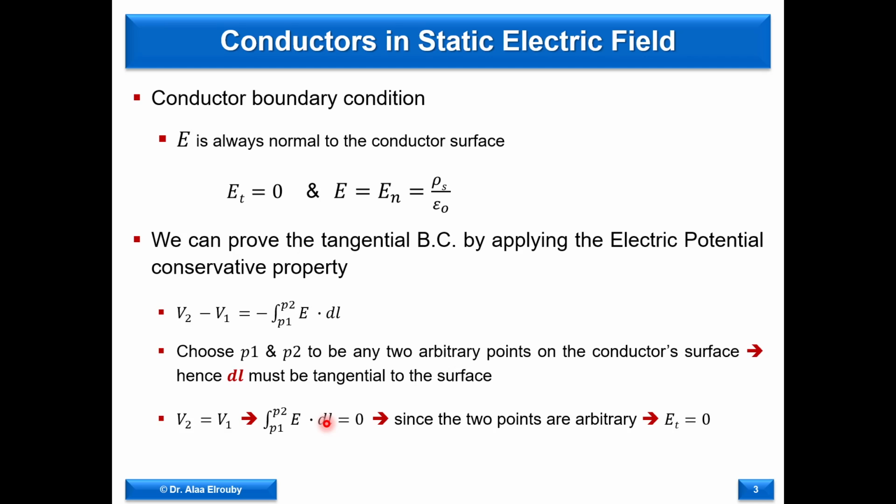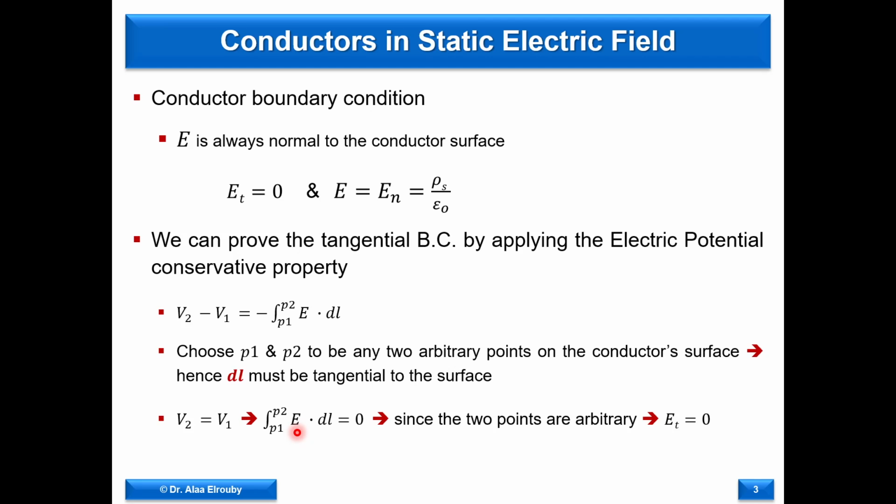For any equipotential surface, the electric field is normal to it, and the conductor always has an equipotential surface, so the tangential component of the electric field always equals 0, which is the first boundary condition. If the tangential component is 0, all the field will be normal, so we have E normal equal E.